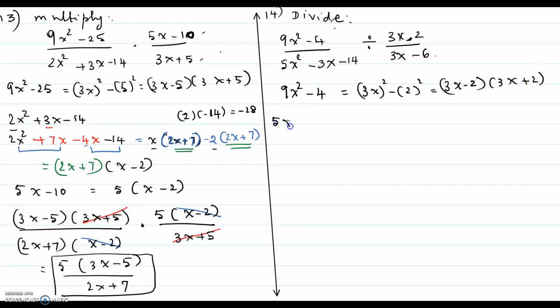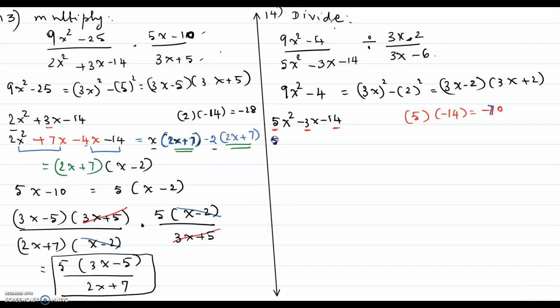Next we will factor 5x² − 3x − 14. This is also a leading coefficient not 1. So multiply the first and the last coefficient, which is 5 times negative 14, which is negative 70. Now you have to break the middle term, which is negative 3x, into two parts so that it adds up to negative 3x and multiplies to negative 70x².